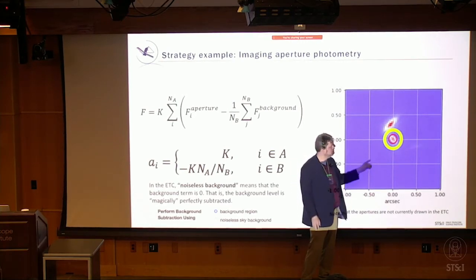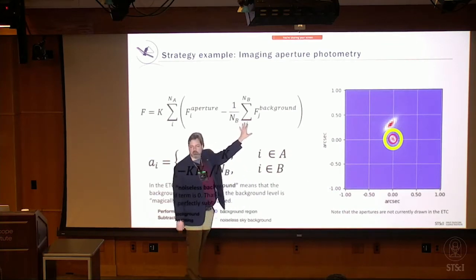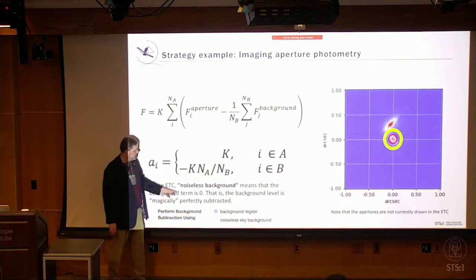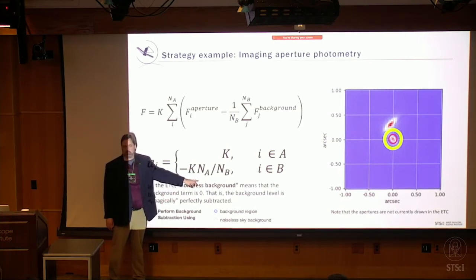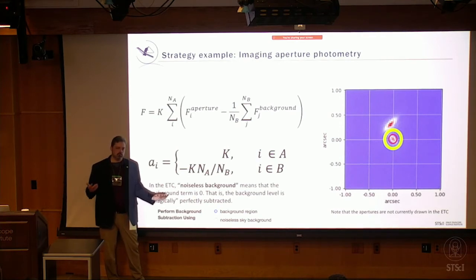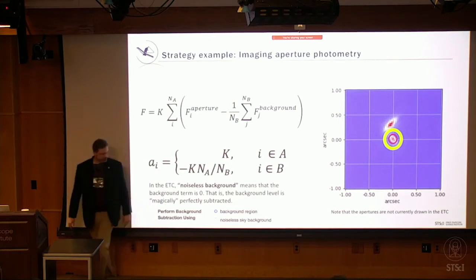Then when you subtract it, this term doesn't add any noise. So you can select that within the exposure time calculator. If you select noiseless background, it means I magically know what my background is. I can subtract it, but this subtraction doesn't add any noise. So it's kind of an idealized situation. You can see the selection here.